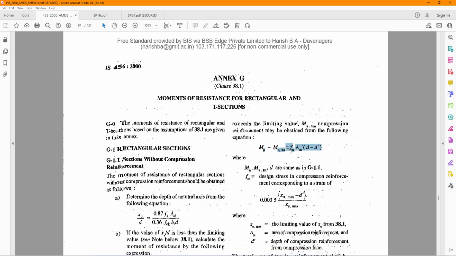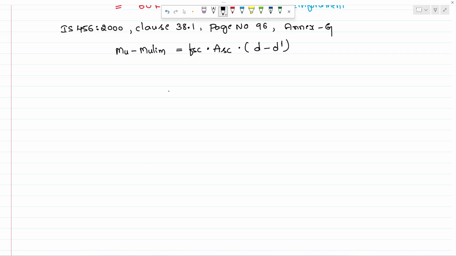FSC is very important. FSC is the design stress in compression reinforcement corresponding to a strain of 0.0035 into Xu max minus d dash divided by Xu max. For which, first you need to calculate the strain.